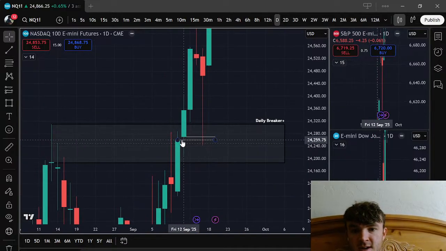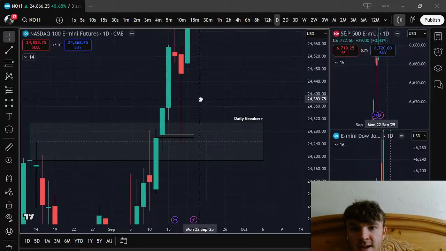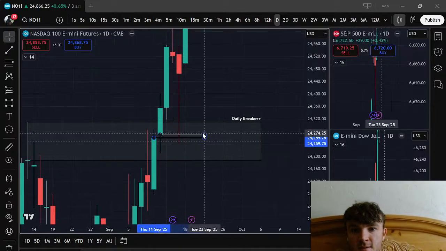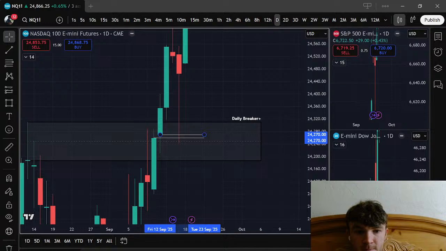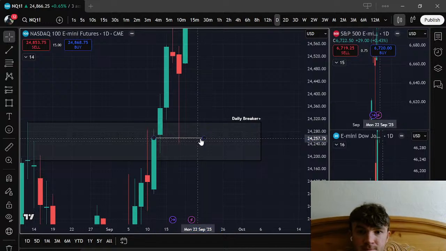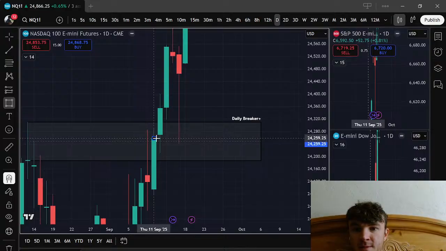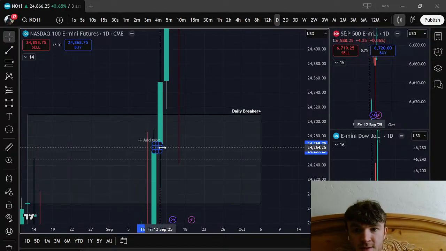And look at this new day opening gap as well. Actually, daily volume imbalance. Because why is this not a new day opening gap? We talked about this in the live stream from the other day.